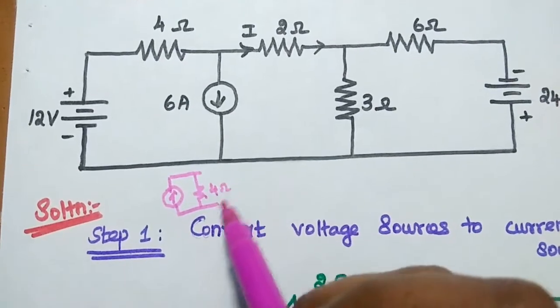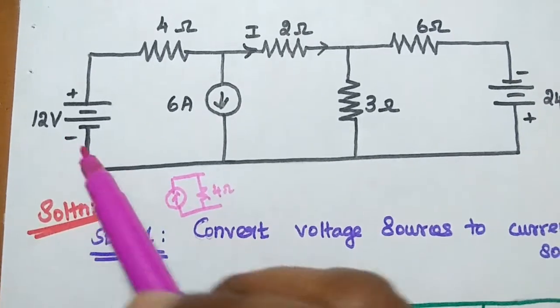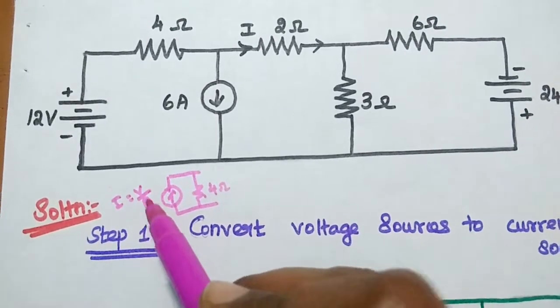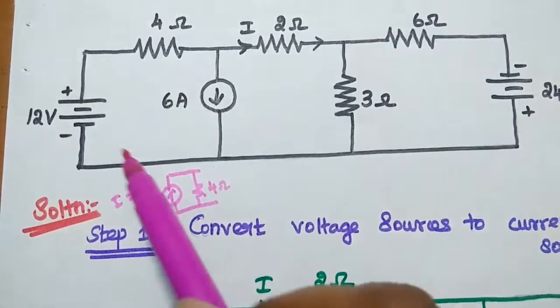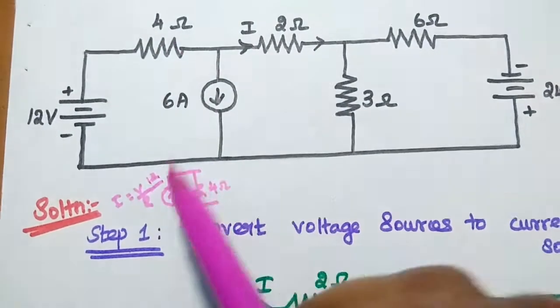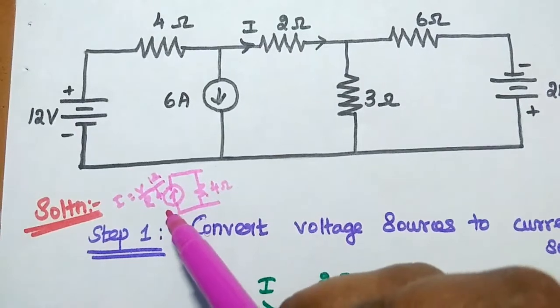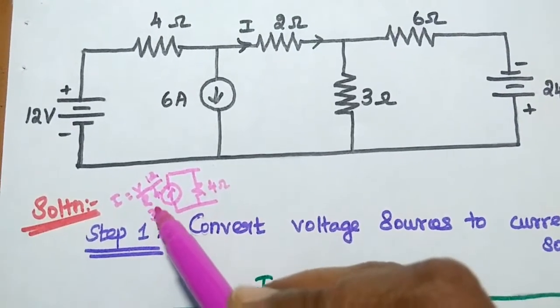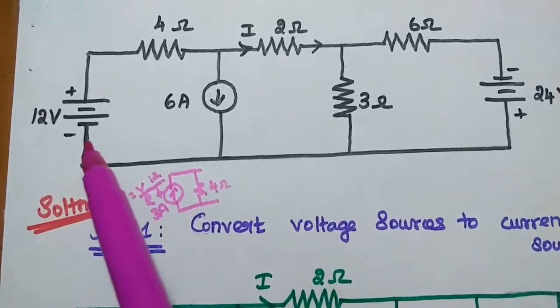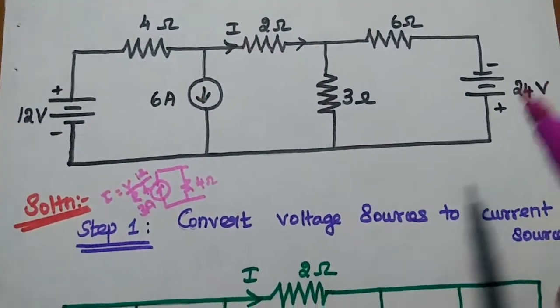So here it is 4 ohm. What about that current? So current is equal to what? V by R. What is the value of V? It is 12 volt. So 12 divided by R is 4. So 12 by 4 is equal to 3 amps. So this is the first current source for this voltage source.